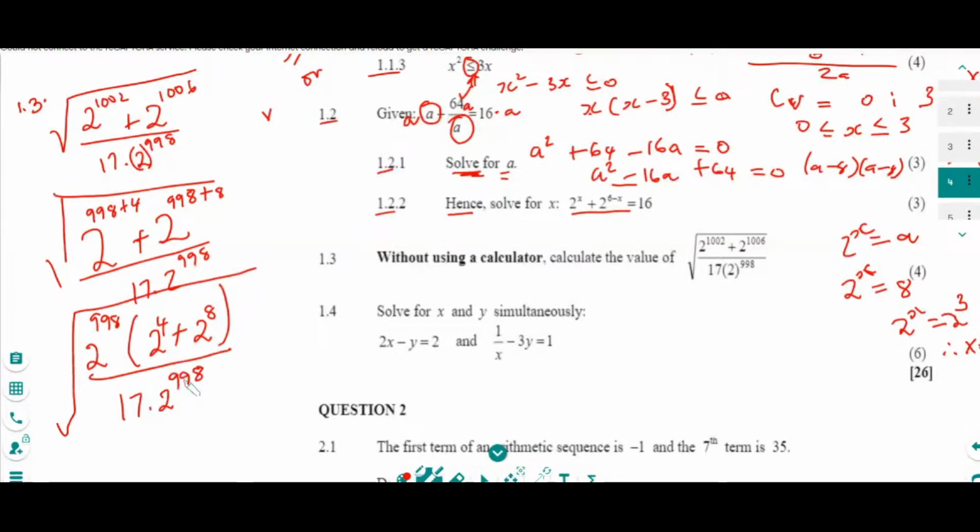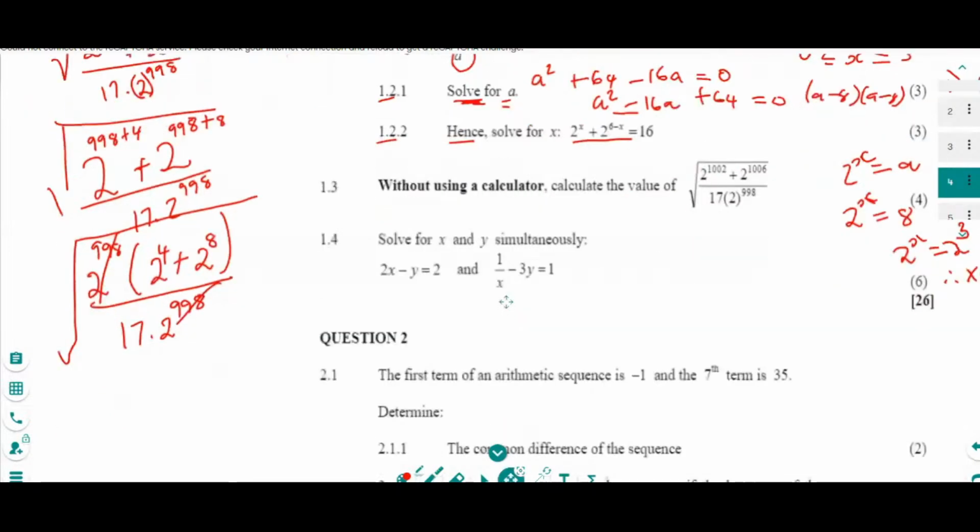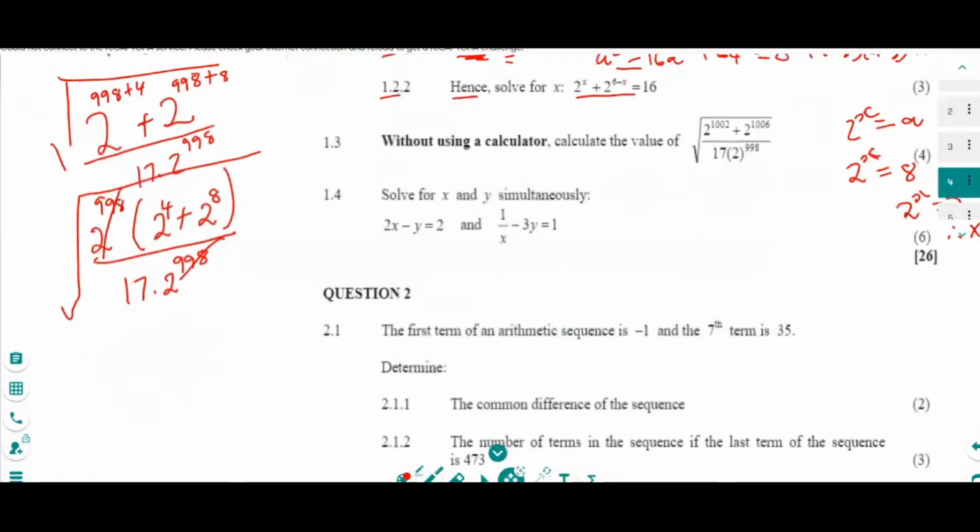Then I'll cancel out what is common. This cancels that. I can simplify my brackets in the numerator. We know that 2 to the exponent of 4 is 16, and 2 to the exponent of 8 is 256. So 16 plus 256, when I add them, I'll get 272.